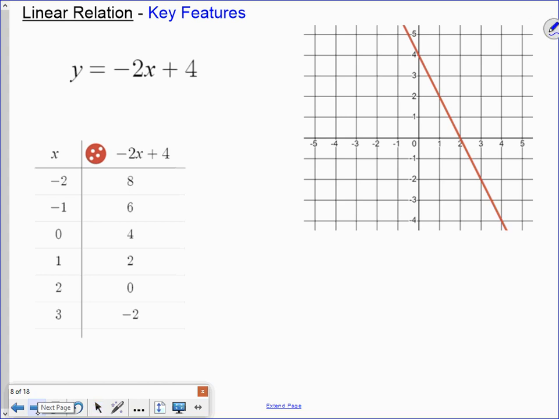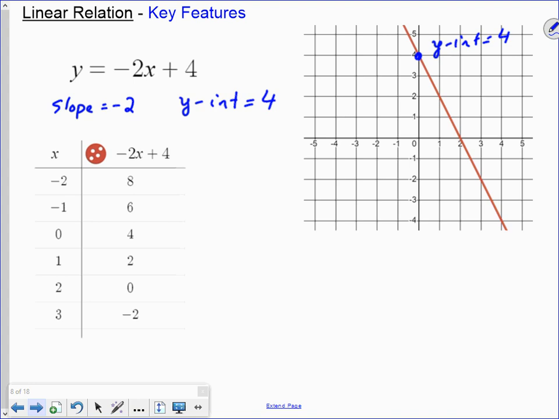So if we focus in on the equation here, y equals negative 2x plus 4, we know just from this equation that the slope of our line here is negative 2, and the y-intercept is 4. So that tells us that on our graph over here, our y-intercept is equal to 4.